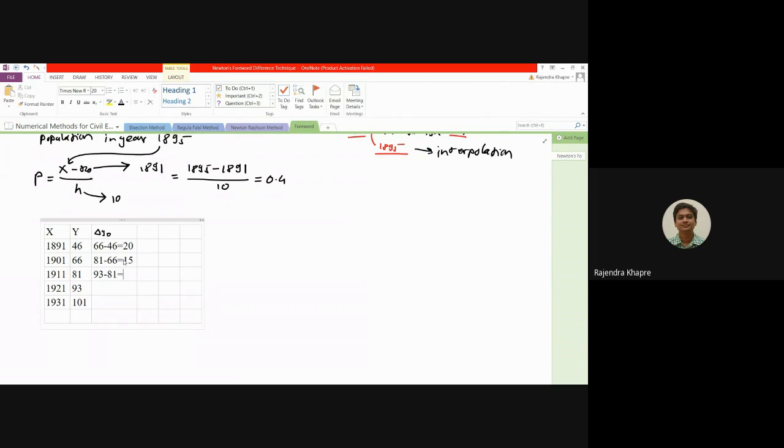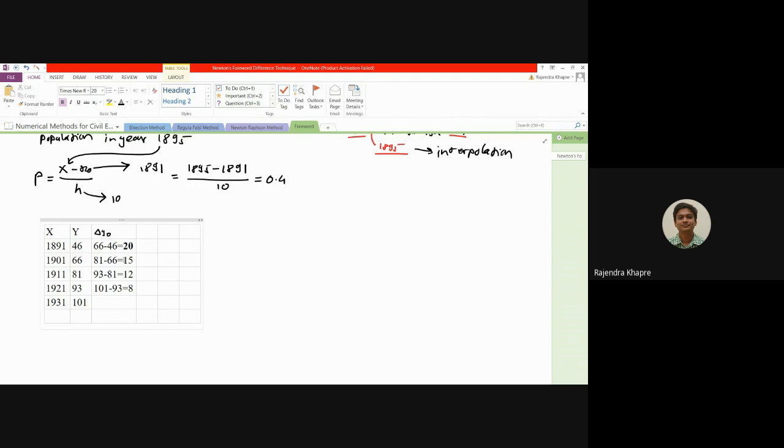What will be the value? 12. And what will be the last value? 101 minus 93. So its value will be 8. So this is your delta y0 value. I'm changing the first value to bold.